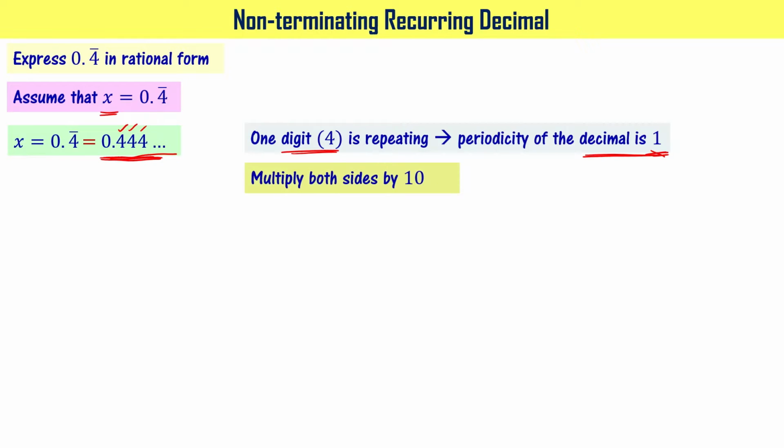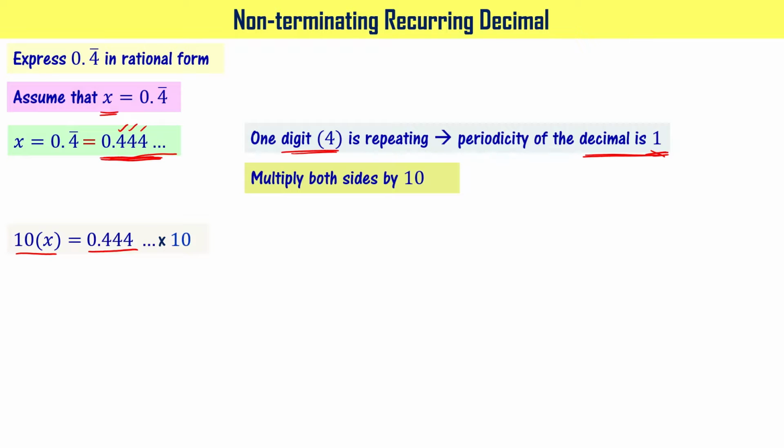So let's multiply both sides by 10. So it becomes 10 times x equal to 0.4444 and so on times 10, right? So this can be written as 10x and this can be written as 4.4444 and so on. That's what we have learned.